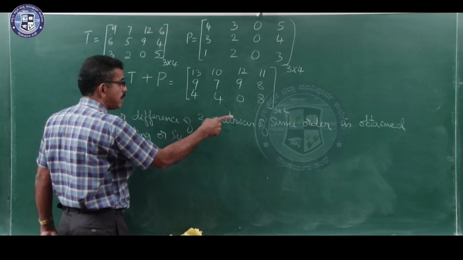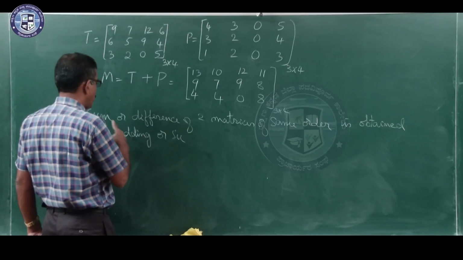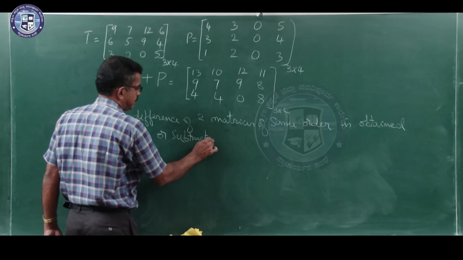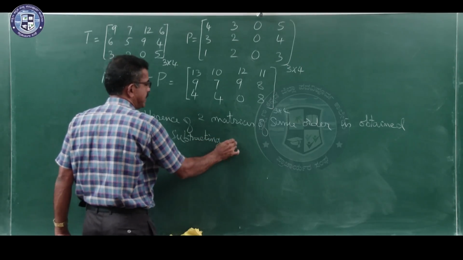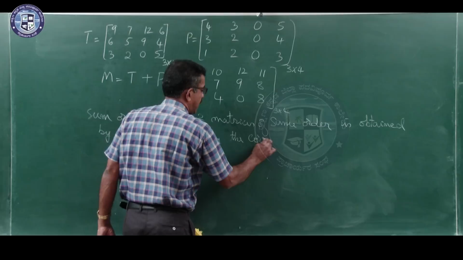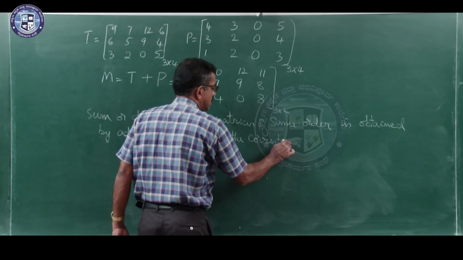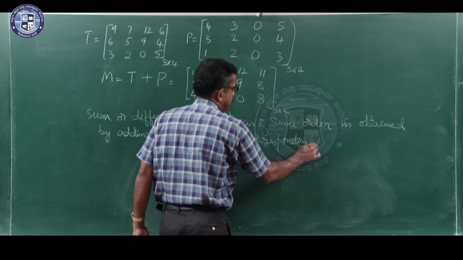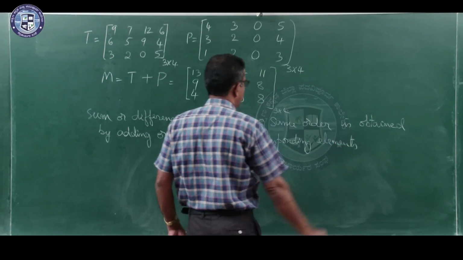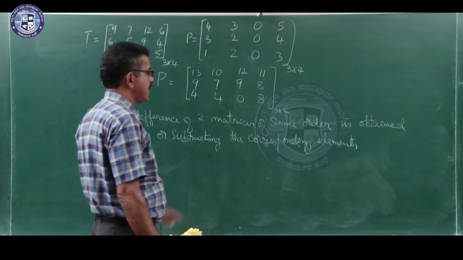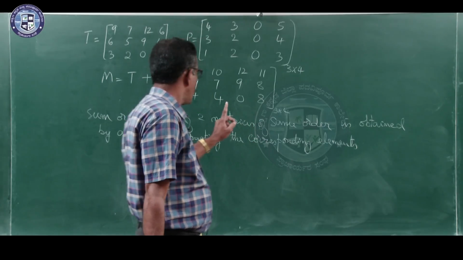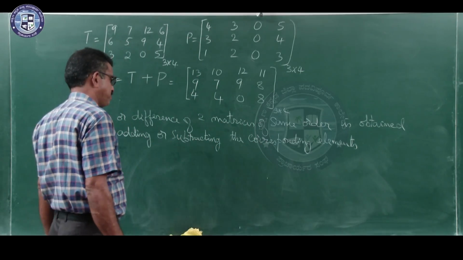If you have to find the sum, then add. If you have to find the difference, then subtract. By either adding or subtracting the corresponding elements, not any other elements. That is the way we can find the sum or difference of two matrices.